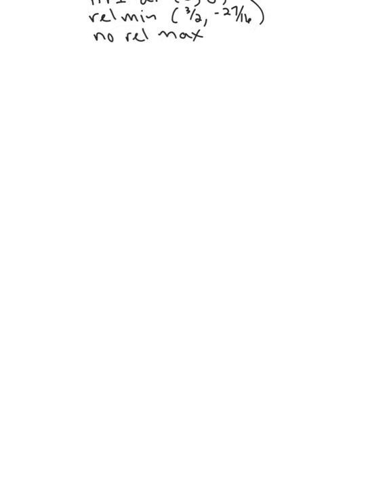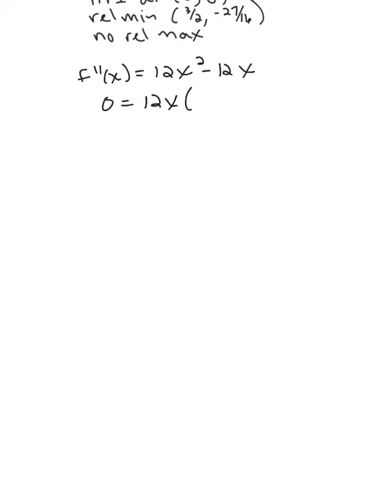Now we need to find concavity. So we're going to find our second derivative. The second derivative for this function will be 12x squared minus 12x. Set that equal to 0, and notice that we can pull out a 12 and an x.